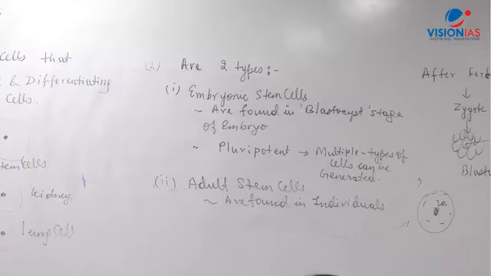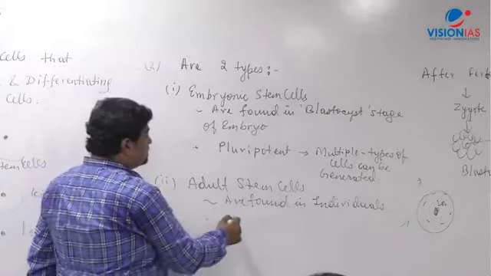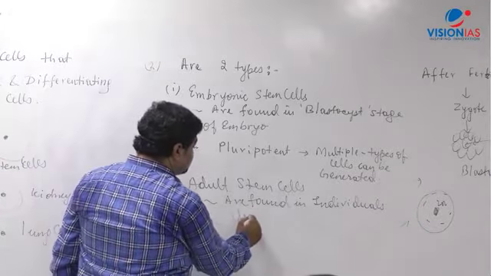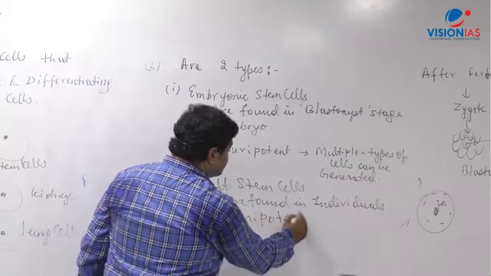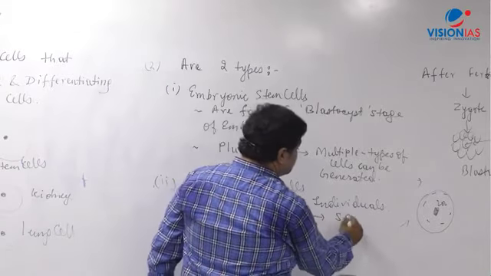In the same way, brain stem cell will produce only brain cells. Skin stem cell will produce only skin cells. So they have a special function. They are specialized, or what we call unipotent. I'm writing here, they are unipotent. So that is a specialized type of cell.